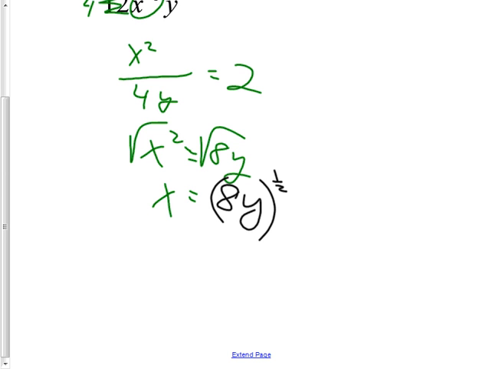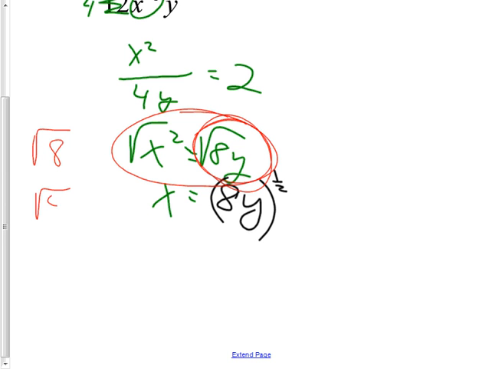So, I think what's better here is if we take this part and we zoom in on the square root of 8. You can't really simplify the square root of y very much, okay, but you can simplify the square root of 8. The square root of 8 can be broken down. Do you remember this? The square root of 4 and the square root of 2, and that makes 2 root 2.